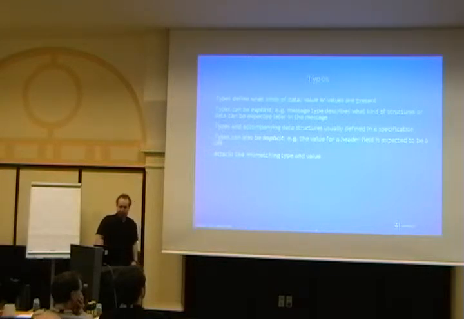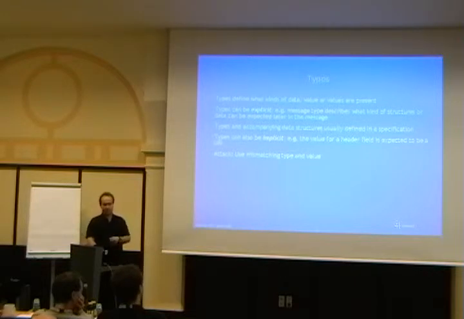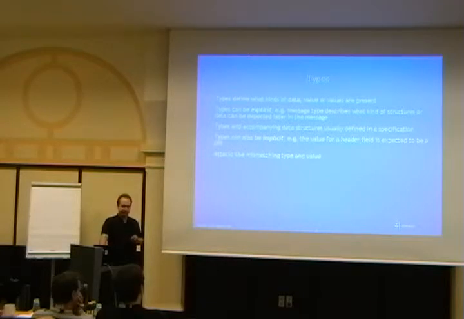So you might also have implicit types. So you might have a header field in, let's say, an ASCII protocol where the value for that particular header field is expected to be a URI. It might be referenced in the specification. There might be some kind of implication that a URI is expected, for instance.